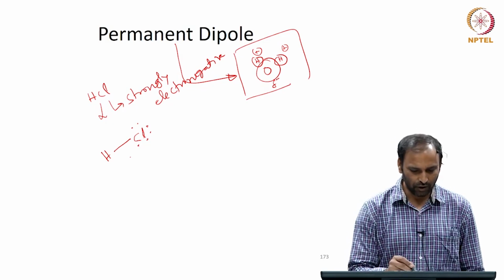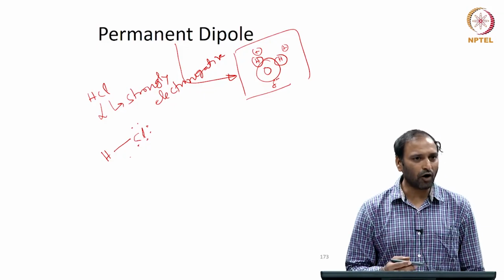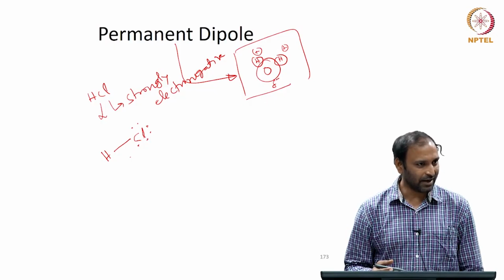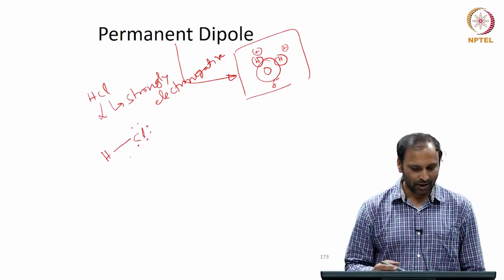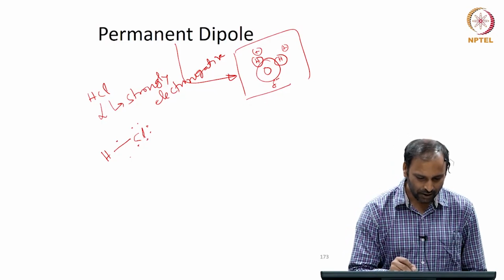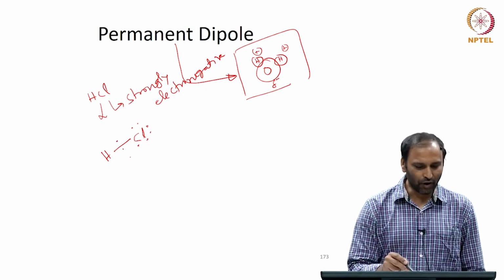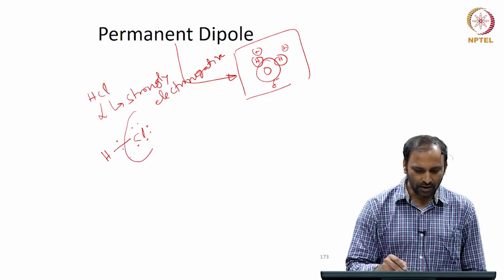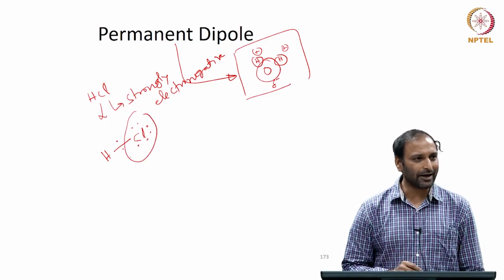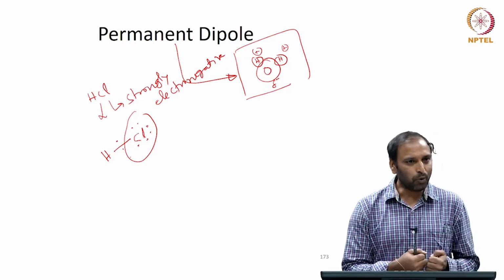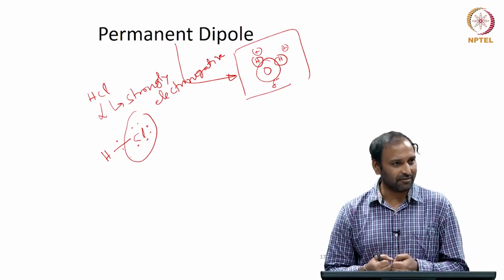When you talk about sharing of electrons, we talk about covalent bonds. In covalent bonds, the electrons that are shared belong to both the atoms. And because chlorine is a strongly electronegative atom, it will pull the electrons a little bit towards itself.